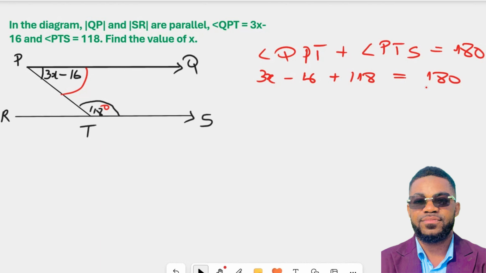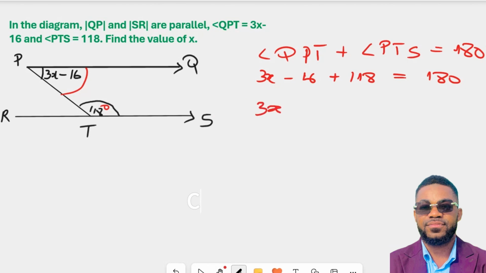So we've got to collect terms, and they have been collected already. So that's going to be 3x. Negative 16 plus 118, so 118 minus 16, and that will give me 102. So you have plus 102, which is equal to 180 here.